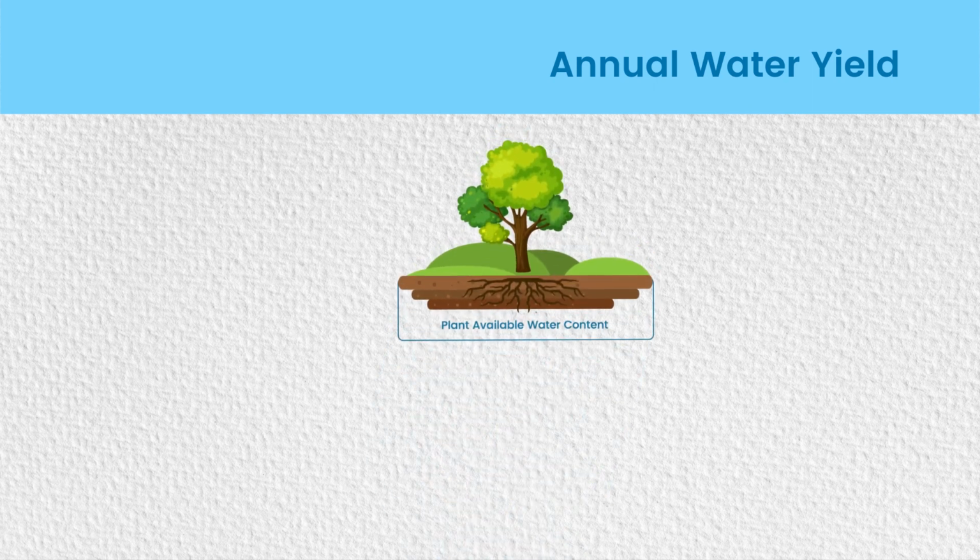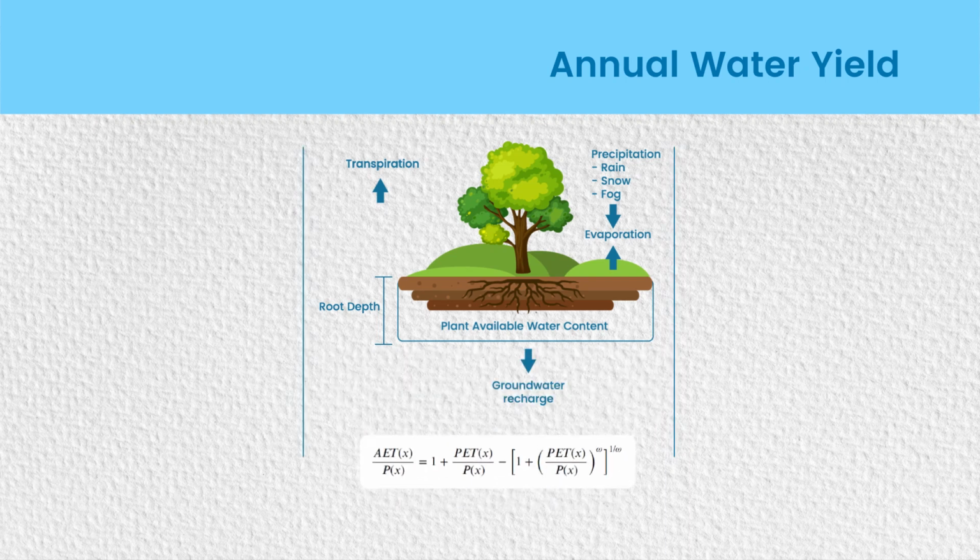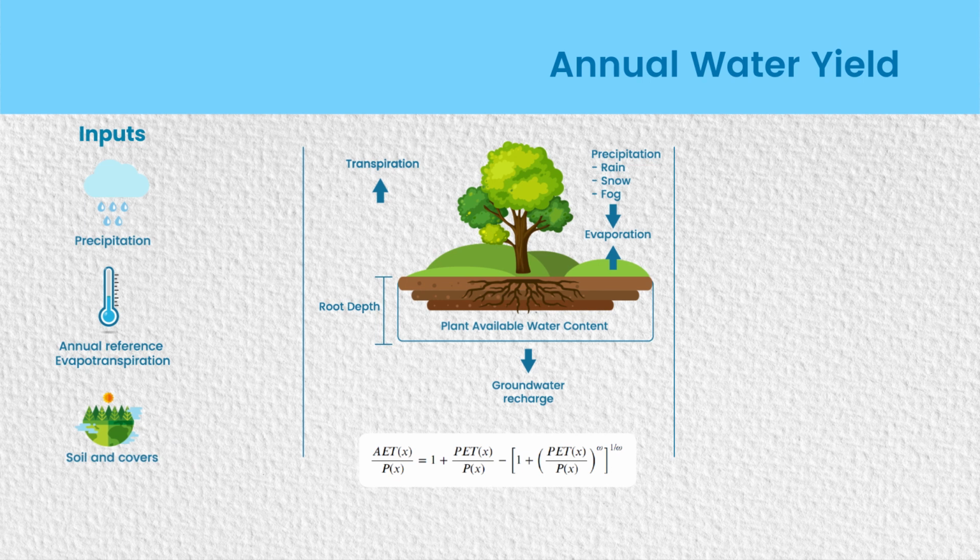The annual water yield model allows for estimating the relative water contributions from different parts of a landscape, providing information on how changes in land use patterns affect the annual surface water yield. It is based on the biophysical curve, which considers variables such as annual average precipitation, annual reference evapotranspiration, available water content for plants, and soil depth.